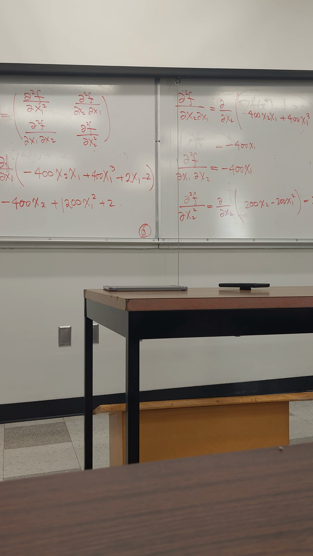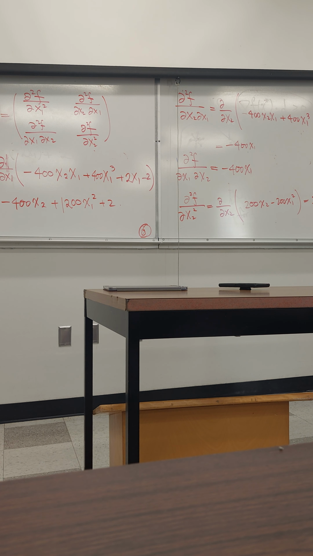So we want to check the eigenvalues of this. All right, so this is the first way. The second way is we directly use the second derivative test, so let's just do the Hessian check. This way is faster.